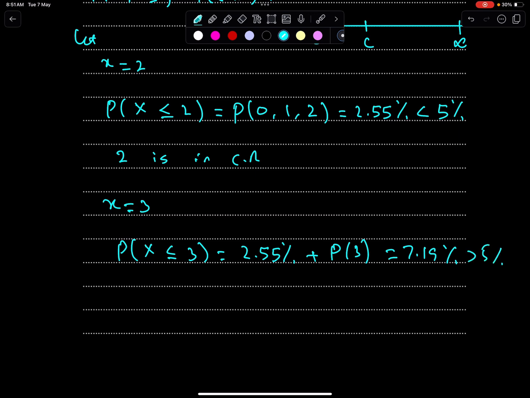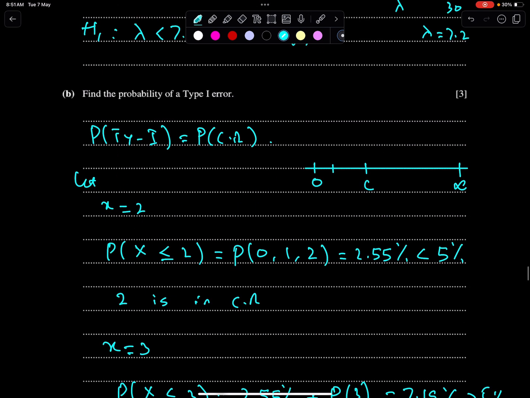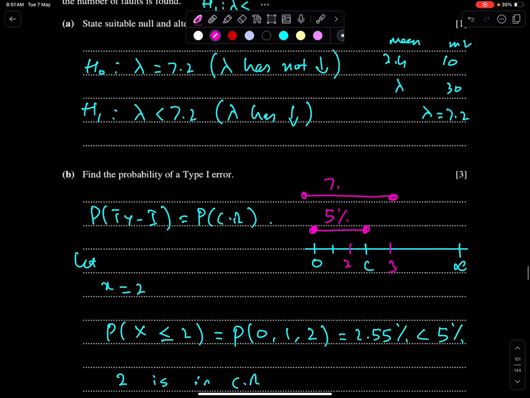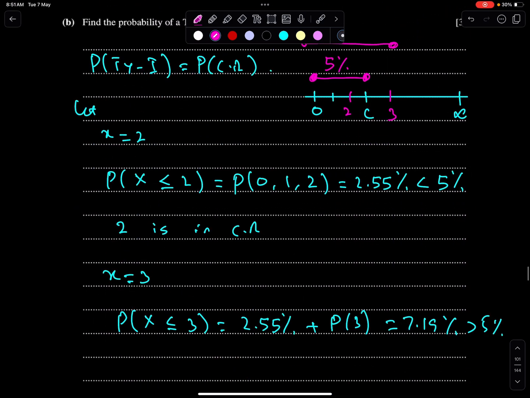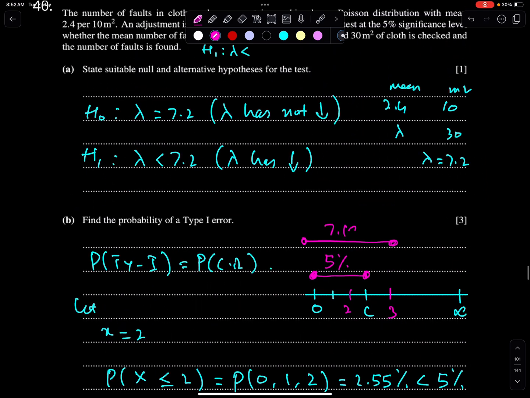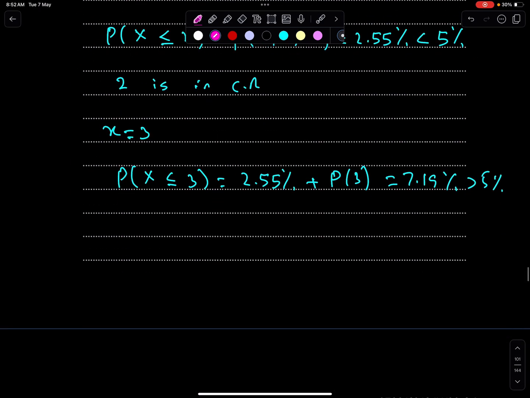This is greater than 5%. The probability of critical region is 5% and probability of 3 is 7.19%. So 3 is not in critical region.